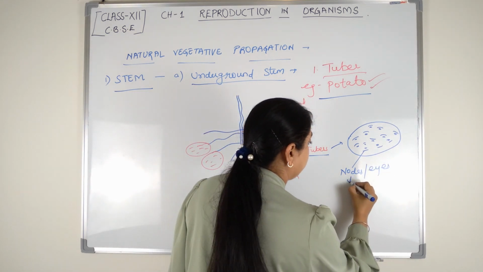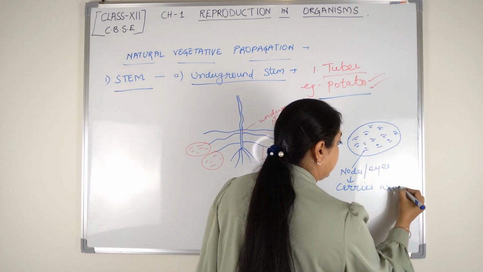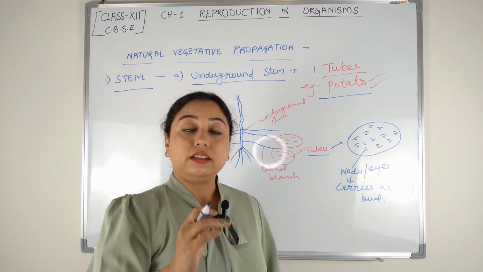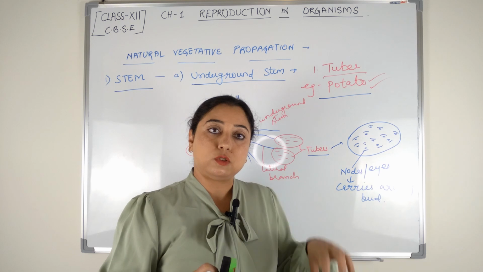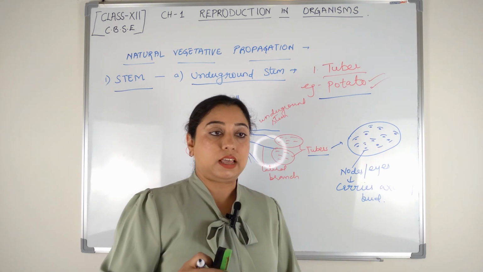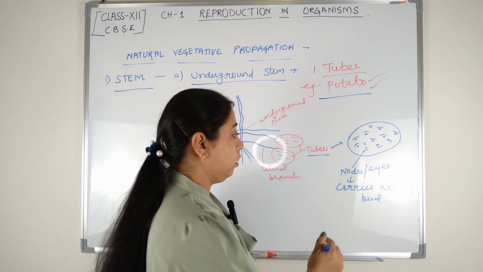Nodes are the ones which carry the bud, the axillary bud, right? And this bud has a tendency that when it comes in contact with the soil, it gives rise to adventitious roots and aerial shoot, and finally a new plant, right?